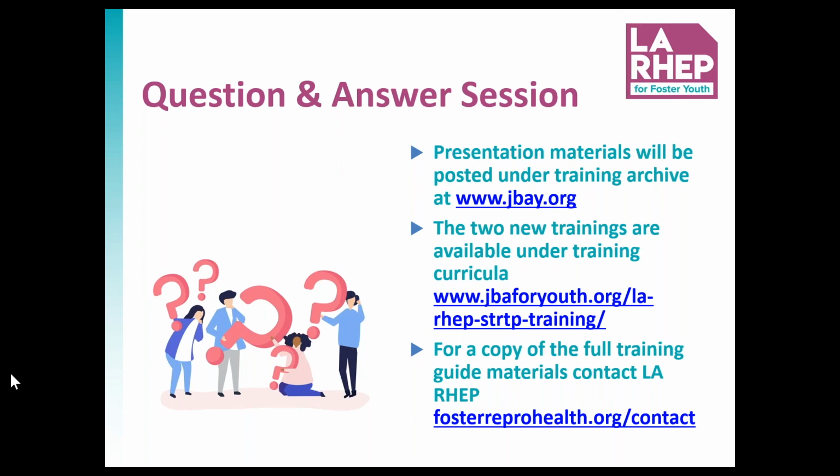The key, though, is it's the young person's decision when to involve a parent and how, and that's true whether they're in foster care or not. In fact, for many young people in foster care, the person they trust to go to with these questions is their biological parent, but they may not feel as comfortable or safe talking to, let's say, a social worker about it.